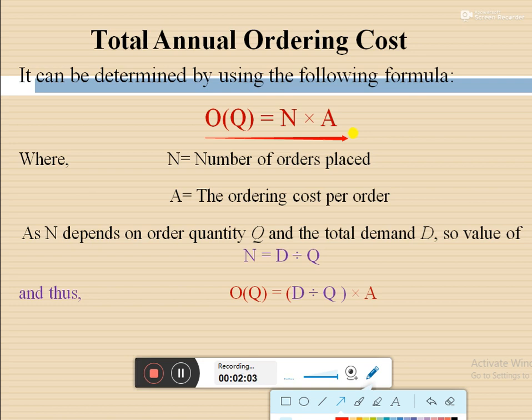As we know that N depends on order quantity, that is Q, and the total demand, that is D. So value of N can be calculated by using the expression, total demand divided by the quantity ordered, and thus the formula can be rewritten as written here. So we can follow this expression to calculate the annual ordering cost.